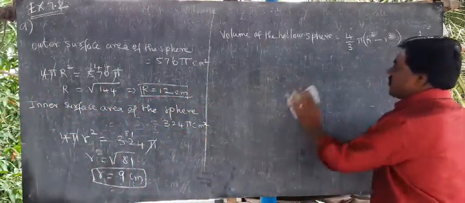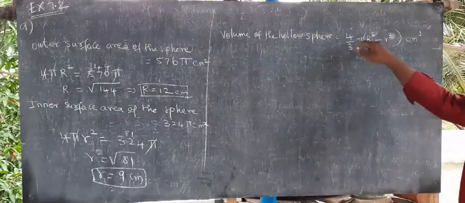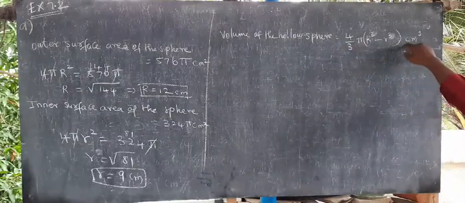Right, listen, volume of the hollow sphere equal to 4 by 3 pi (R cube minus r cube) centimeter cube.